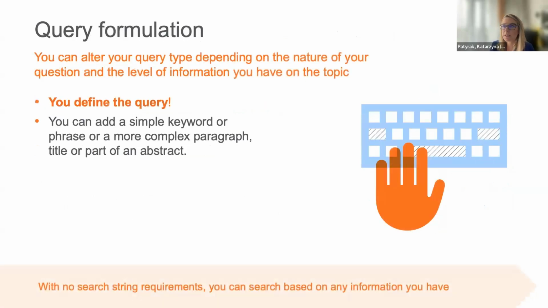So with Scopus AI's query formulation, you define the query. So you can alter it depending on the nature of your question and how much information you have. So you can query a simple keyword or a more complex paragraph, title or abstract. There are no search string requirements, so you can search based on whatever information you have.